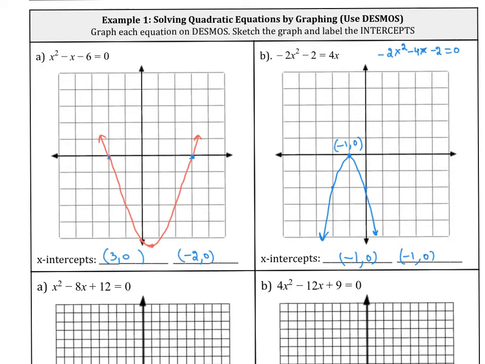So you can also write that this is a repeating root or repeating solution, x equals -1, -1. So that's how you can write the solution. Again, it's going to be a repeating solution anytime the graph goes and touches the x-axis and comes back. If it crosses the x-axis, then it's going to be one solution.